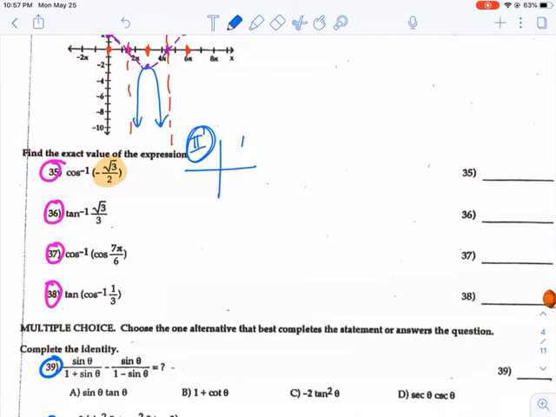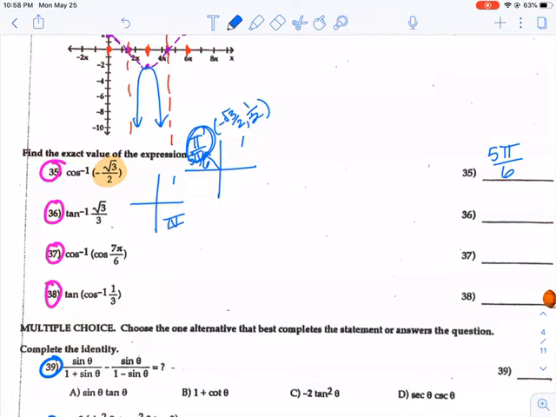Okay, so in the second quadrant, we have one at 5π/6, right? At 5π/6, your x coordinate is negative rad 3/2, then up 1/2. Okay, so that's your answer there, 5π/6. Okay, so inverse, this is asking you which angle makes that. Okay, so for 36, tangent, inverse tangent is in quadrants 1 or 4.